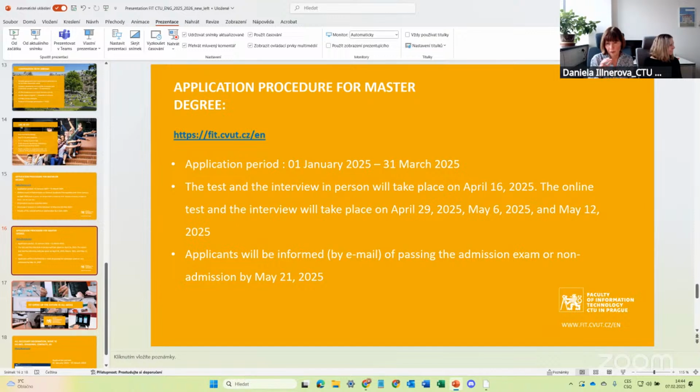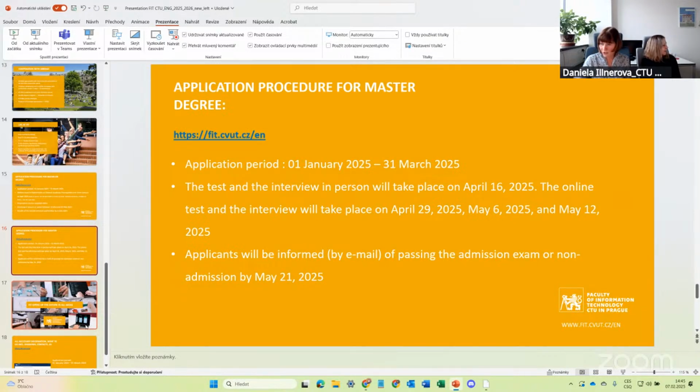You will find all these dates on the website. Don't panic. They are there. And if you panic, don't hesitate to write or call the contacts you will find. You can contact the study department directly, or you can write to me. You will definitely receive an answer.